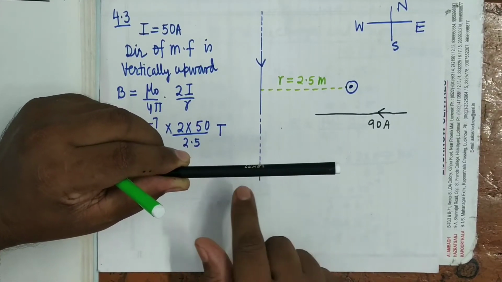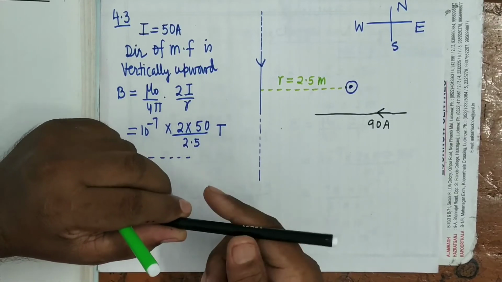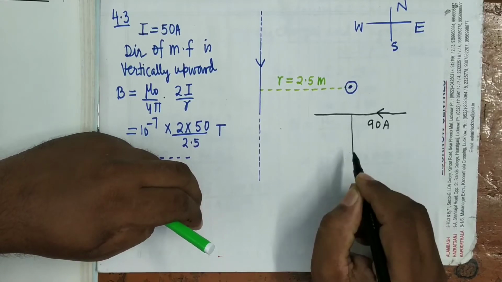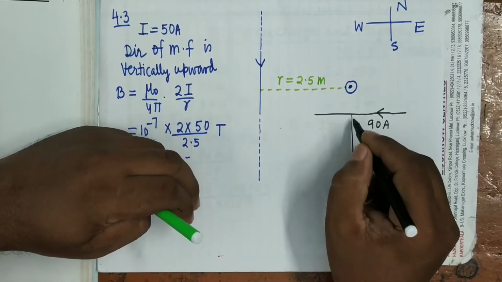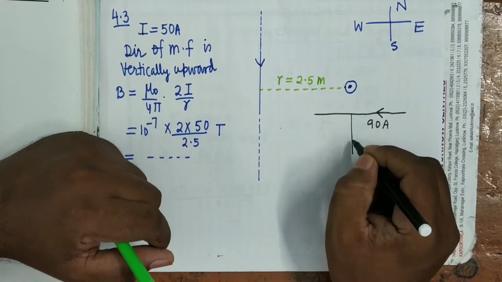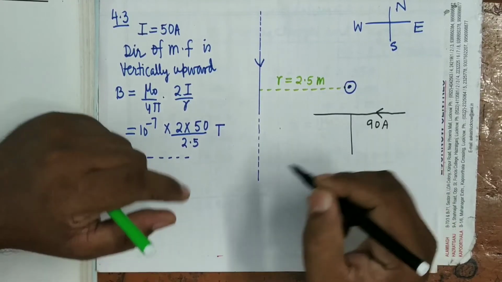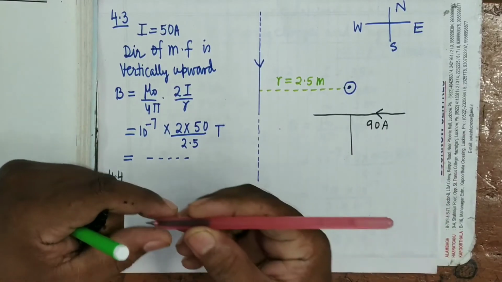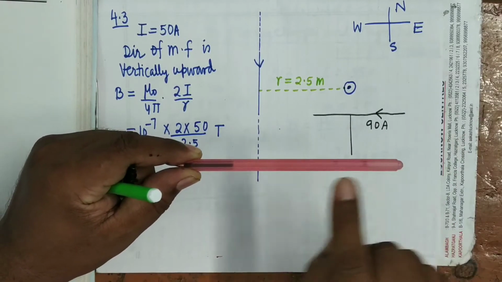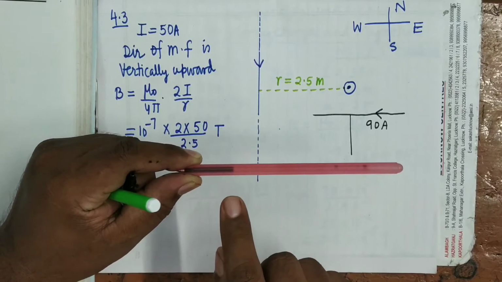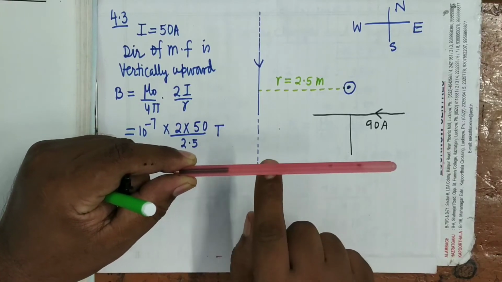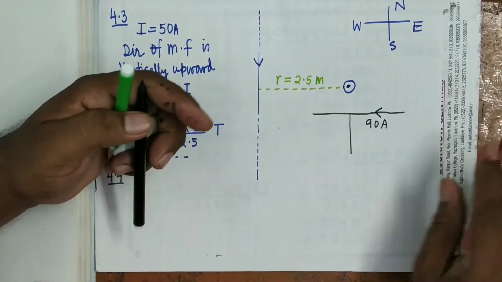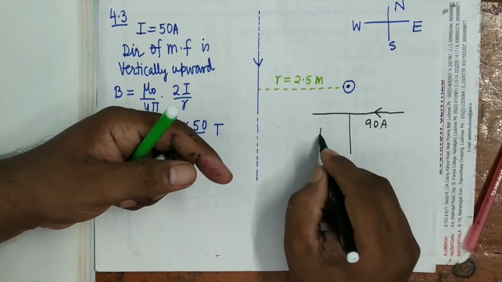This is not in the plane of paper, this I have just shown here. The actual diagram is this. This is the current carrying wire, carrying the current from east to west, and there is a point 1.5 meter below it, somewhere here.